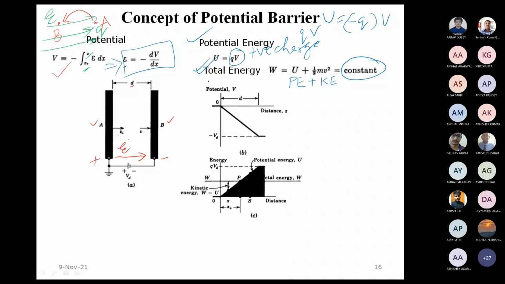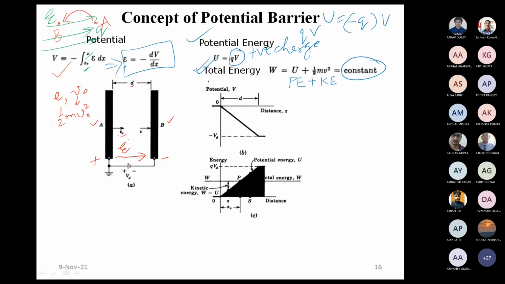Now suppose we are trying to push one electron from plate A to plate B. Then what happens? Say the initial speed of the electron is V naught, so the corresponding kinetic energy is half m v square.